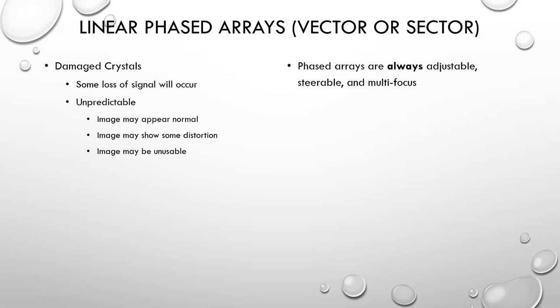This is very unpredictable. You don't know if it's going to affect the image or not. Because there are many elements within the sector transducer, up to 500 in some cases, that may be too small to even detect that some of them are out. In other cases you may see some distortion, and in other cases the image may be completely unusable. Phased arrays are always adjustable, steerable, and multi-focus.